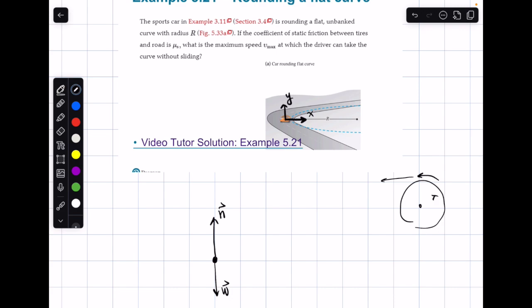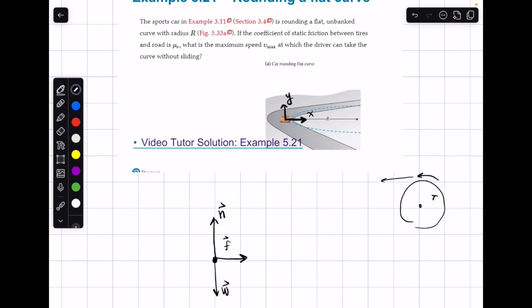So you can think of the frictional force as being that string that's allowing the car to move in circular motion. If there was no friction at all, the car could not turn and it would just keep going straight. That's a weird idea to think about, so I find it a little bit easier to think about this frictional force pointing to the right as the string that is holding this car on a circular path.